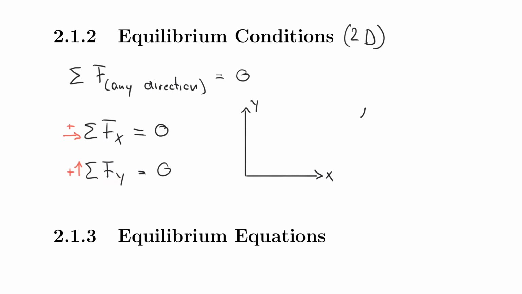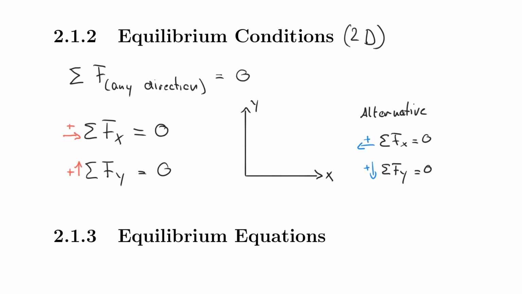So alternatively, I could also write that the sum of the forces in the x direction is equal to 0, and then I could state that everything that points to the left is positive. That may sometimes be helpful. Likewise, the sum of the forces in y is equal to 0, and then I would state that everything that's going down is positive. But this will more or less depend on the case that you're actually dealing with.